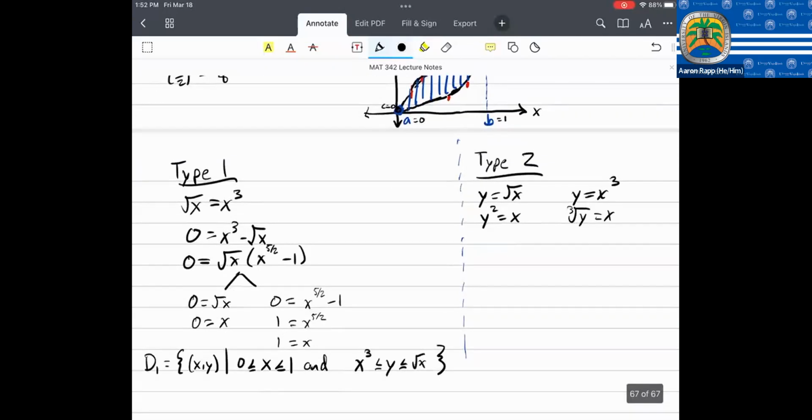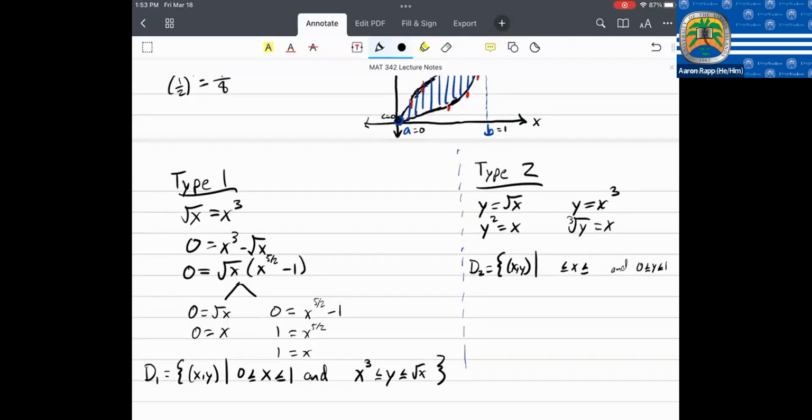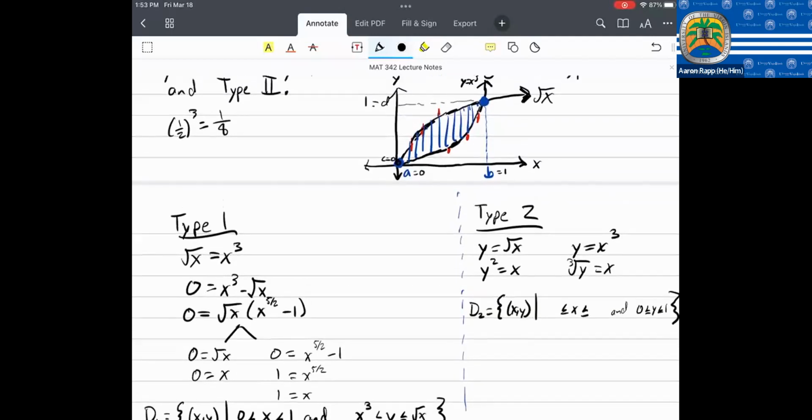I'm seeing the time, which is why I'm trying to talk quickly through this. So I know my y values are going to be ranging between 0 and 1.